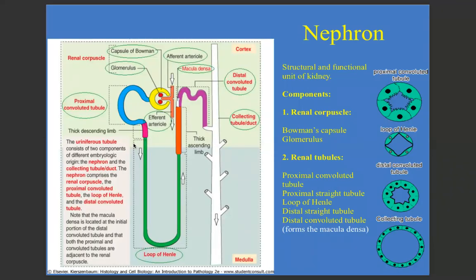It consists of a corpuscular area that's called the renal corpuscle, which is a vascular loop called glomerulus surrounded by a capsule called Bowman's capsule. So that's the renal corpuscle. This area filters blood, forming the first urine, also called ultrafiltratum.